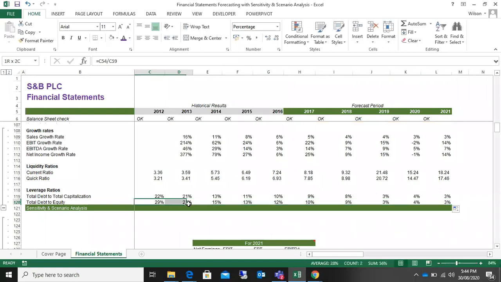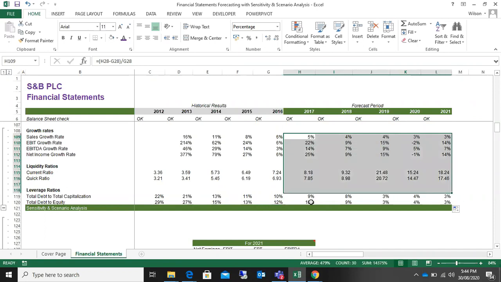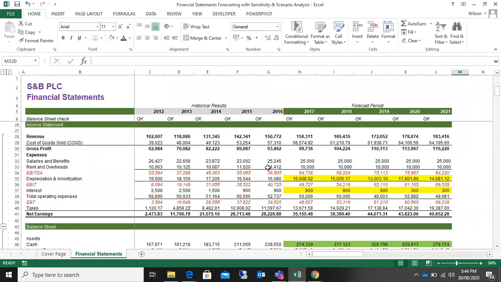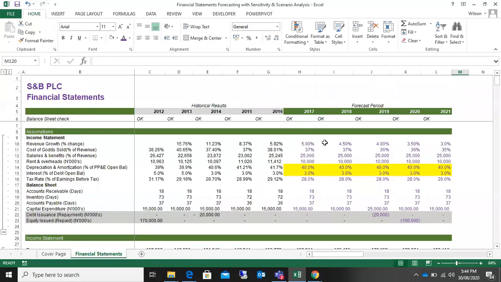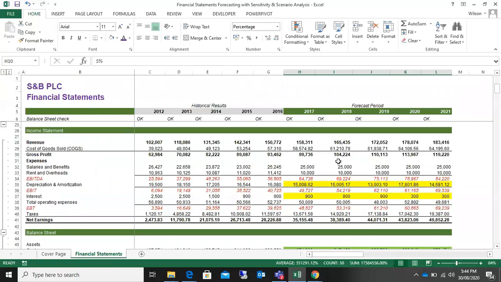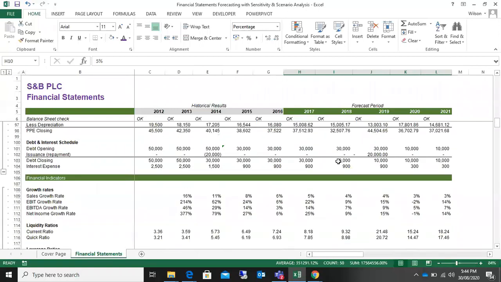You can see that the trend for the historical years went down here. But for the forecast period, it's going down, going down, going down. The idea for financial modeling is that when you change your assumptions, it's going to affect your financial indicators.